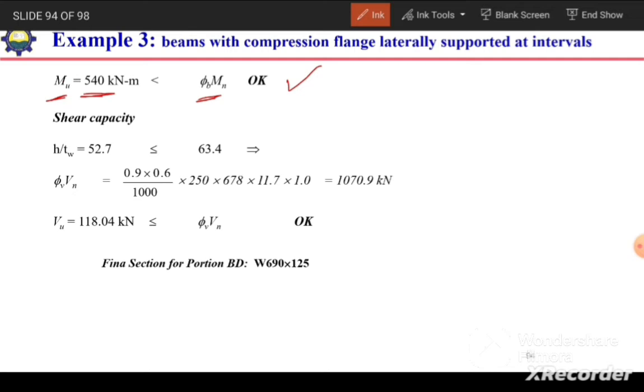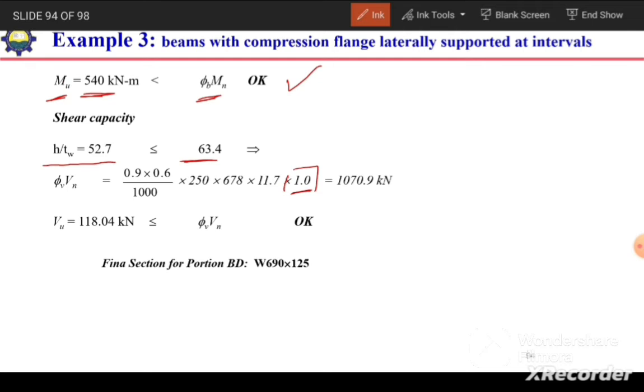After that, we need to perform the shear check, and that will be performed for the maximum value of shear. For that, first we need to check this condition, that h over tw is less than 63.4, which means the Cv value will be equal to 1, and we can calculate the nominal capacity or the design capacity of the section by using the yield limit criteria.